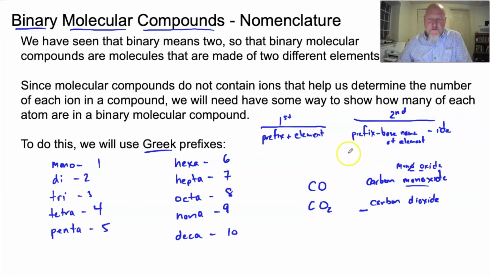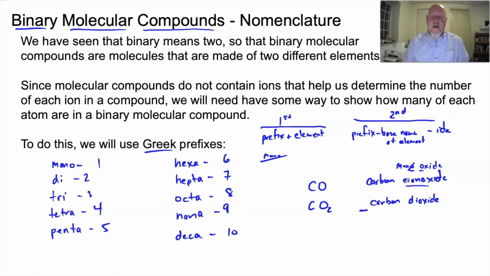The one exception is we do not use mono for the first element if there's only one of them. And if oxygen is one of the elements and the letter that ends the prefix is an O or A, we drop that O or A and just keep the O from the oxygen.